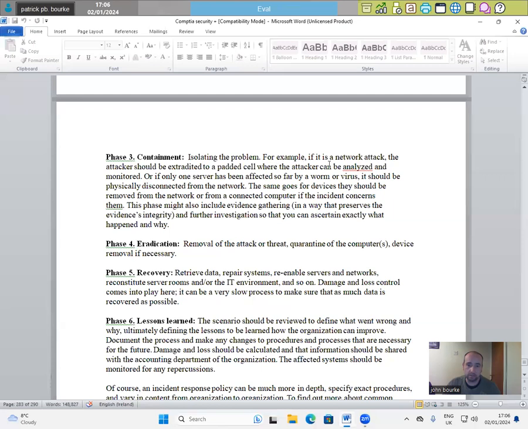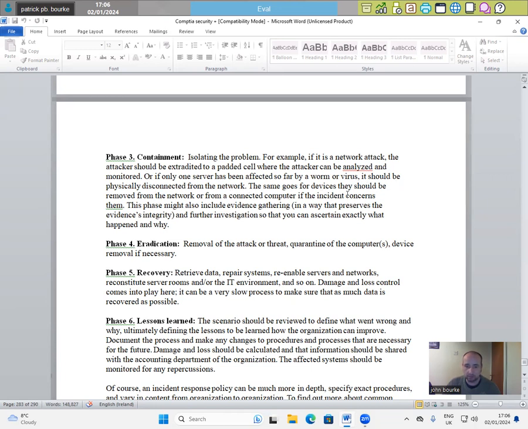For example, if it is a network attack, the attacker should be extradited to a padded cell where the attacker can be analyzed and monitored only, or if only one server has been affected so far by a worm or virus, it should be physically disconnected from the network.